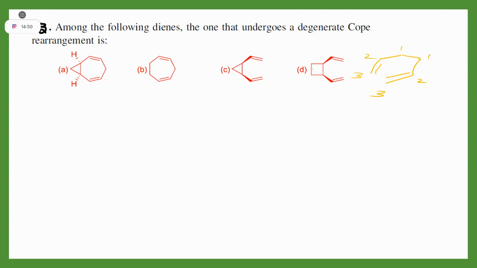So they are asking what. So the next question arises: what is a degenerate Cope rearrangement?